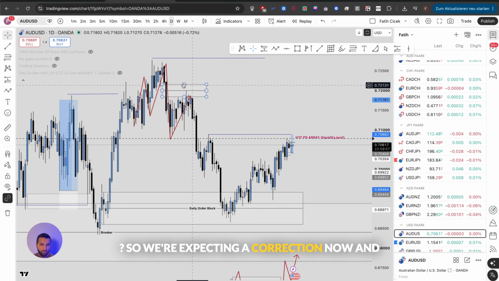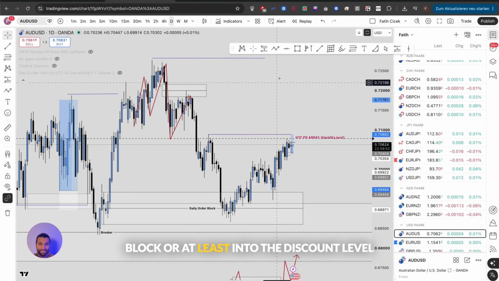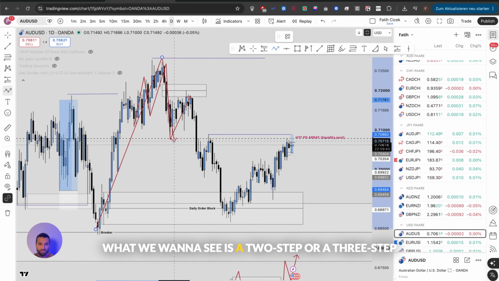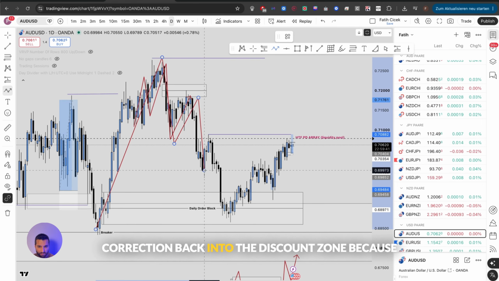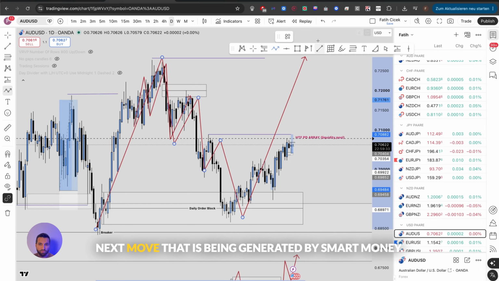So we're expecting a correction now and a rebalancing of price into this order block, or at least into the discount level of this higher time frame weekly range. What we want to see is a 2-step or a 3-step correction back into the discount zone, because what we want to do is capitalize on the next move that is being generated by smart money.